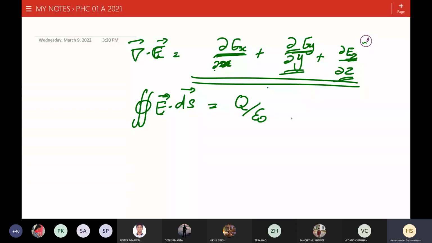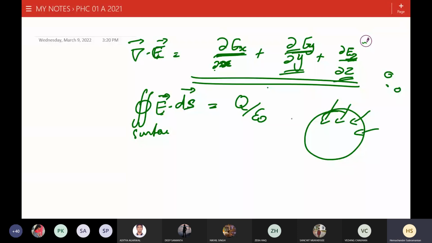Let's say you take a surface. There is no charge inside. If there is a charge outside somewhere, then electric fields are coming in like that and going out like that.